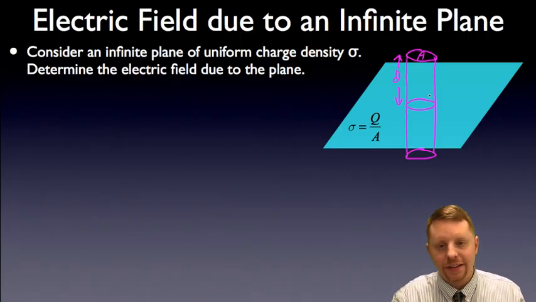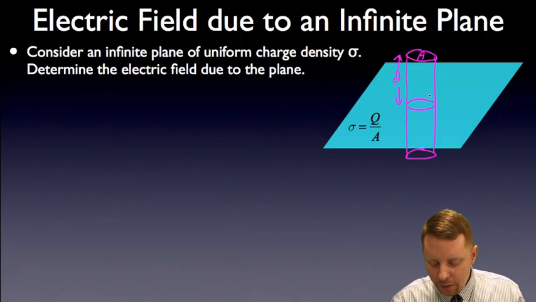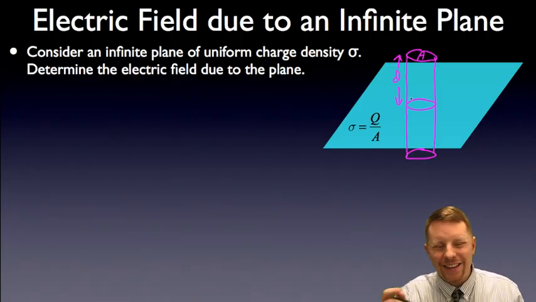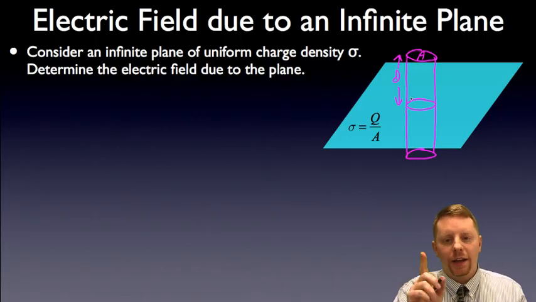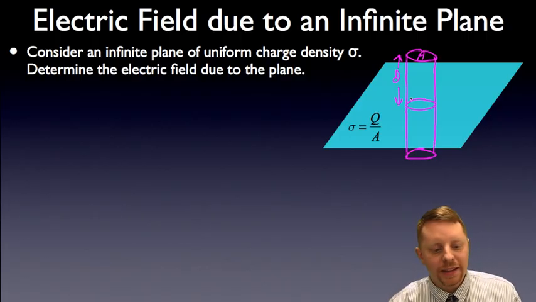Now, by symmetry, since it's an infinite plane of charge, we should be able to see that we're not going to have any horizontal component of electric field. It's only going to be pointing up or down, perpendicular to the plane. That's where the symmetry is going to help us out here.